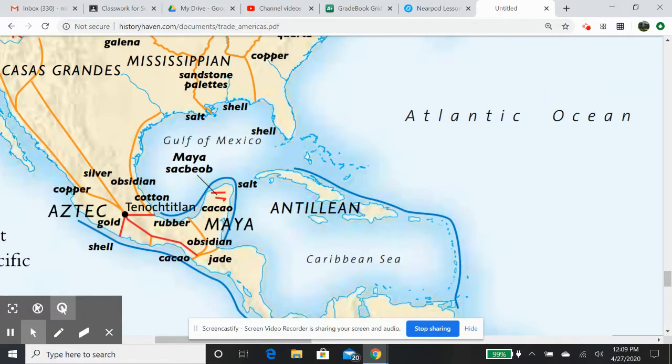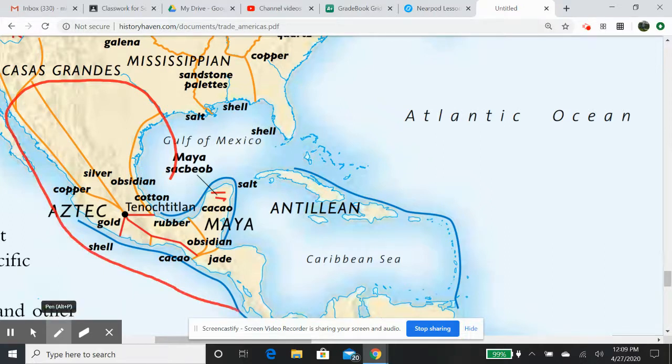Look at the interconnection and intertwining of these trade routes, just within the Mexican area, Central America, Guatemala, Honduras, Belize, El Salvador, and so forth. Look at all the things that would be traded in this area. If somebody has jade here and they want silver from up here, look at the trade route.